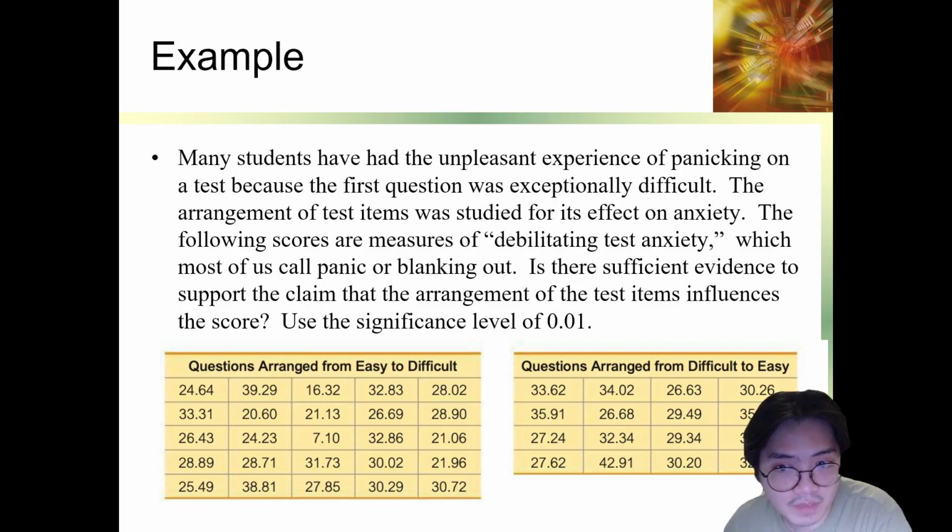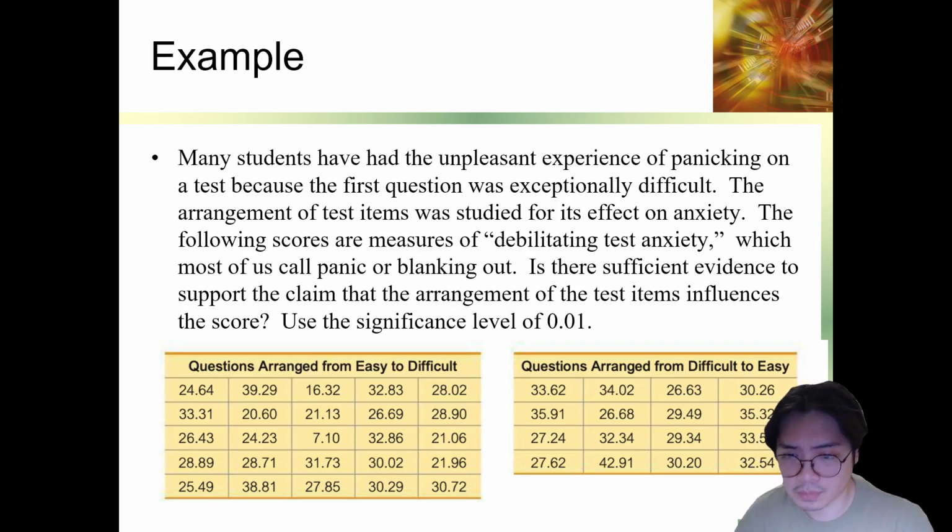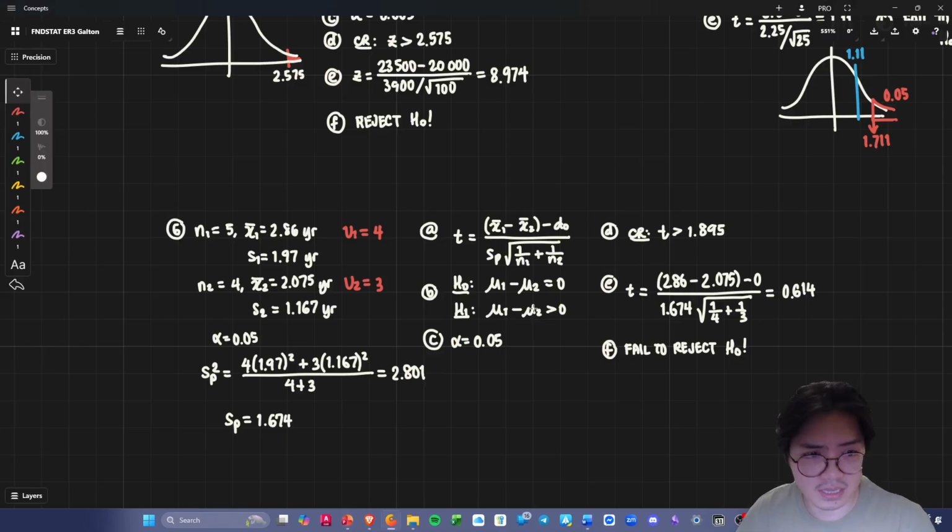Is there sufficient evidence for the claim that the arrangement of the test items matters at a significance level of 0.01? We have 25 samples from easy to difficult, and 16 samples for difficult to easy.